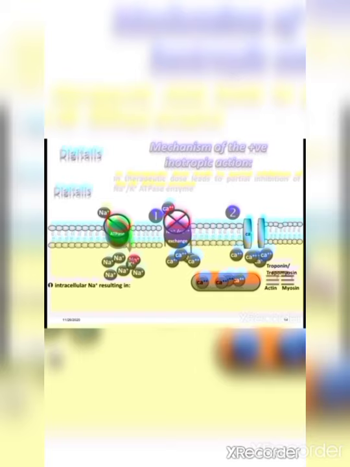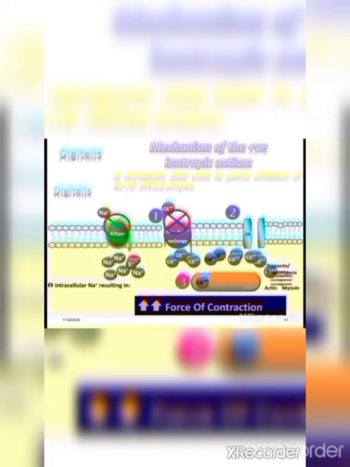Now this high level of calcium in turn stimulates the release of calcium from the storehouse of calcium intracellularly, which is the sarcoplasmic reticulum. So the sarcoplasmic reticulum also releases calcium in response to high intracellular calcium concentrations. Now this calcium hooks up with the troponin-tropomyosin complex and causes the sliding of actin over myosin. So that's how Digitalis performs its inotropic action and increases the force of contraction of the heart.